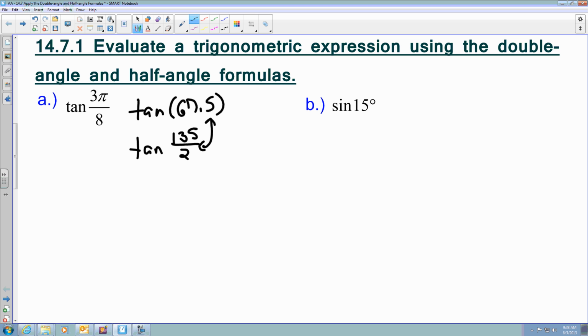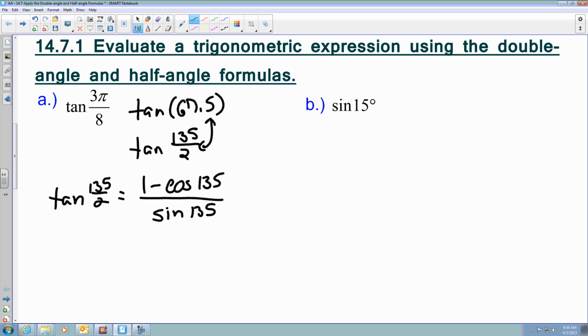A in this case is going to be 135, and I can use either tangent formula to help me solve it. I'm going to use the first one. So it's going to be tan of 135 over 2 equals 1 minus the cosine of 135 divided by the sine of 135.